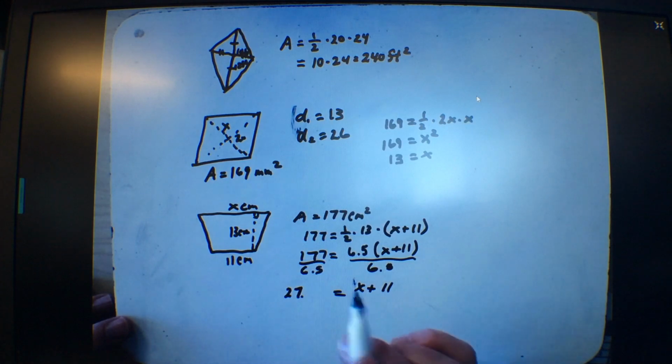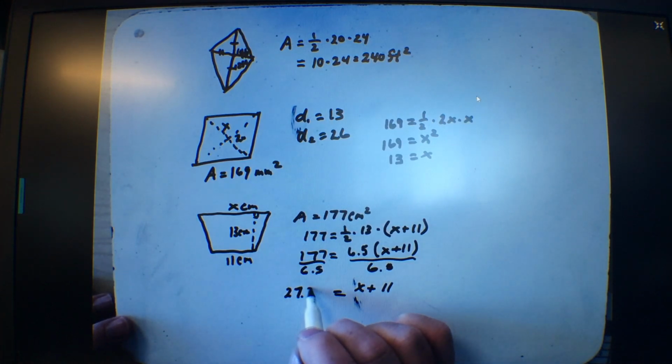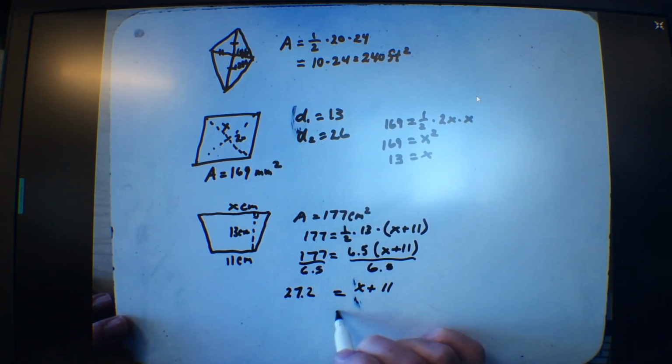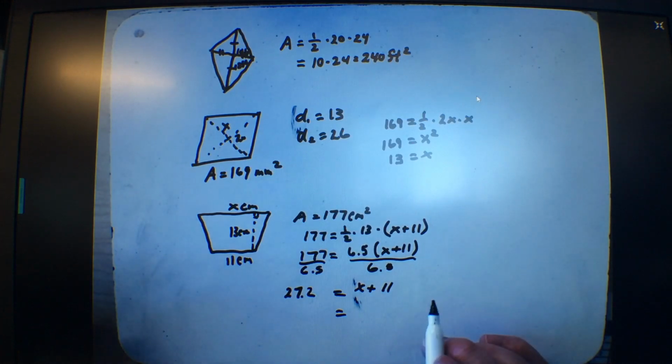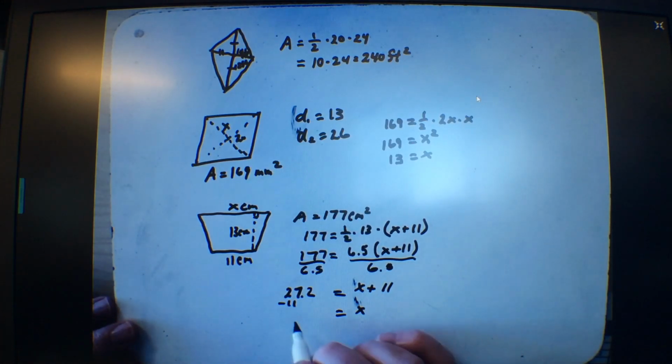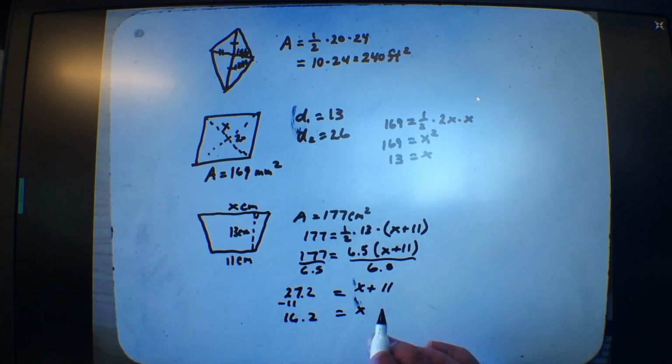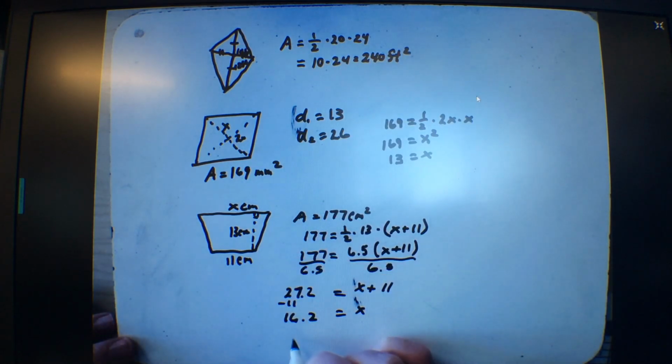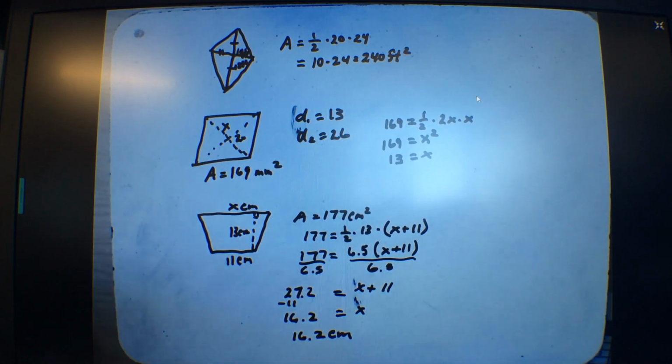So keep that in your calculator, and then what are you going to do to solve for x? Minus 11. So it'd be 16.2, and that would be the length of x, right? So that'd be 16.2 centimeters. So we can find that. All right, any questions? Dylan, do you have any questions?